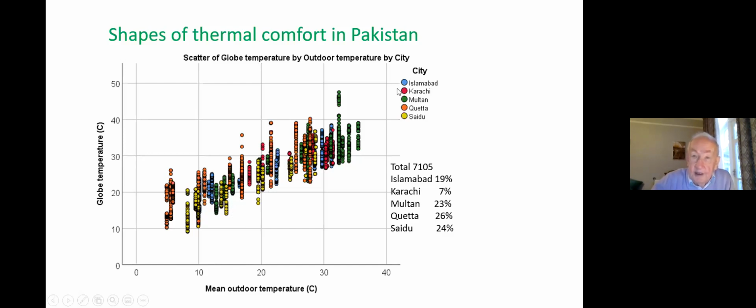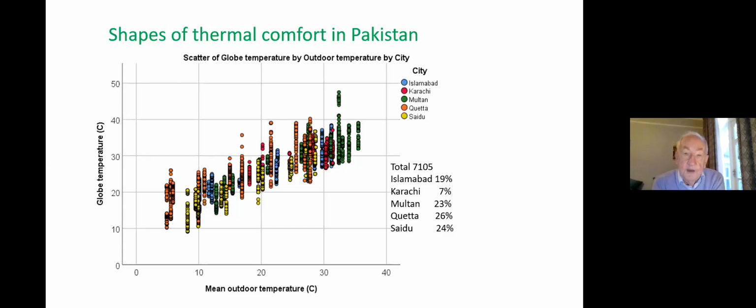And for each of these cities, you can see Multan up the top there, and Saidu and Quetta going right down. I think most of these were offices in Pakistan, and this was in the 90s, and very few of them had air conditioning.